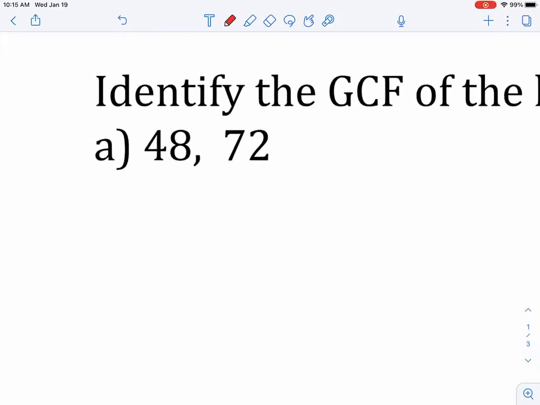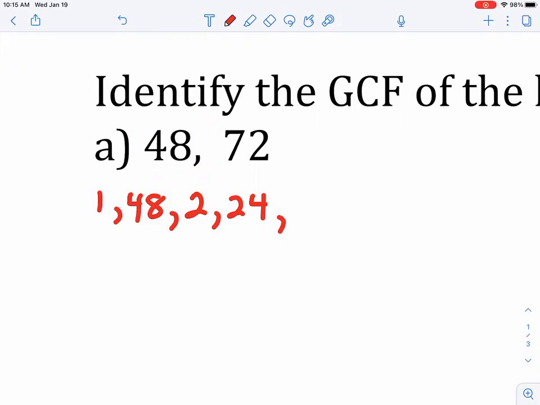What I usually do is pick the smaller of the two numbers, and let's write out factors of 48 first. Write out factors of the smaller of the two numbers. So I know 1 times 48 is 48, right? And 2 times 24.